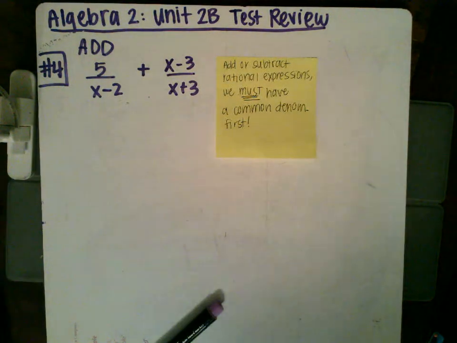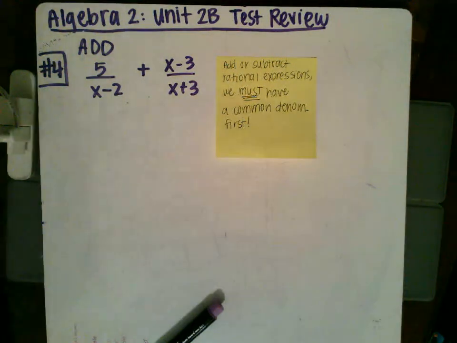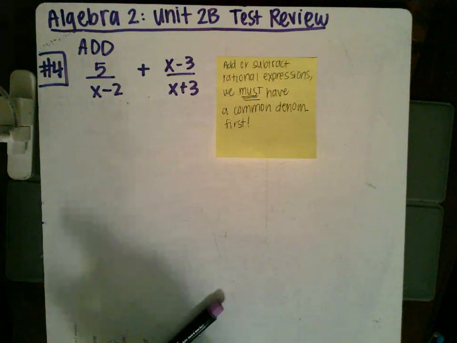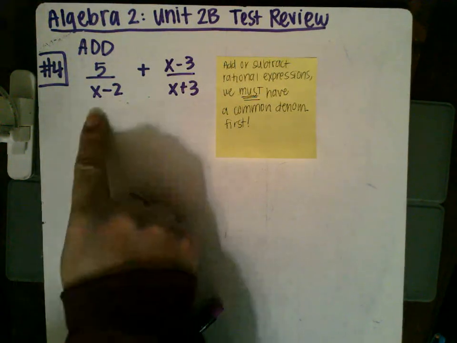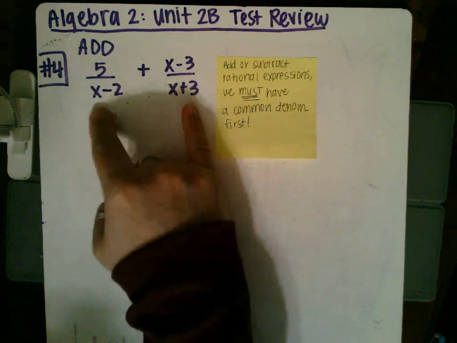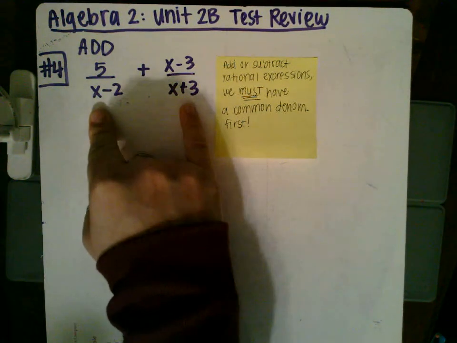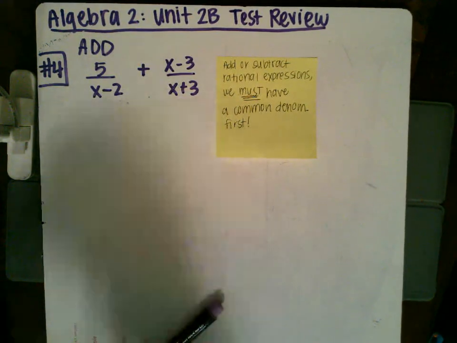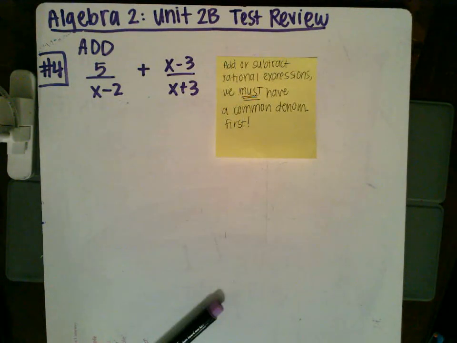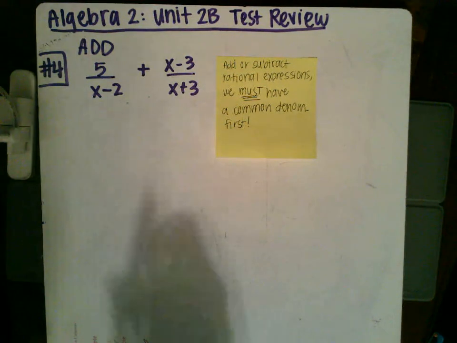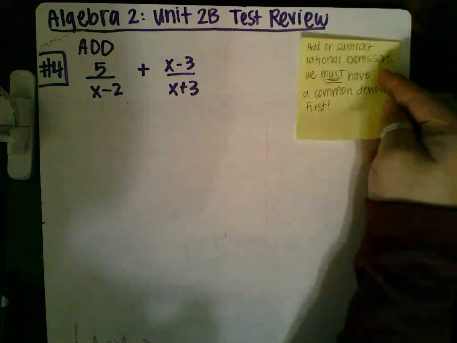So the quickest, easiest way to get a common denominator is to look at the denominators we have, x minus 2 and x plus 3. Since they're linear, meaning this looks like a line and so does this one, we're just going to multiply each one by the opposite one.